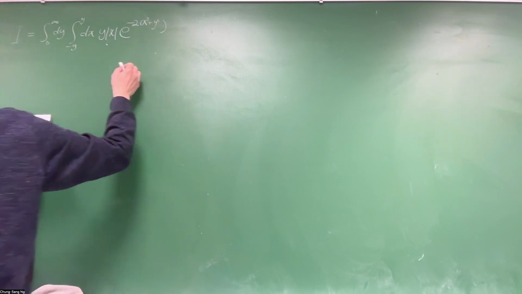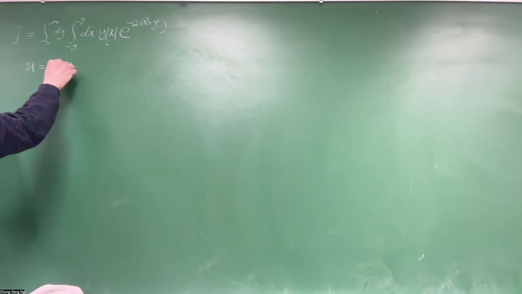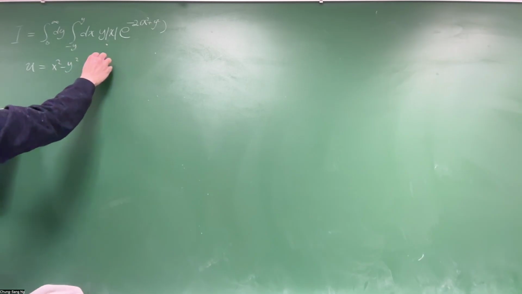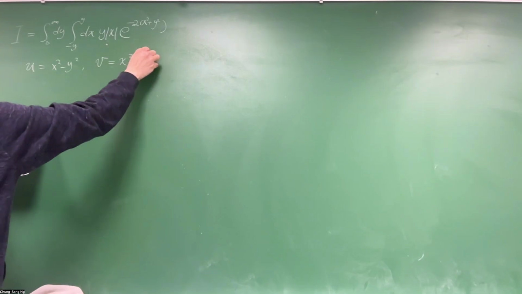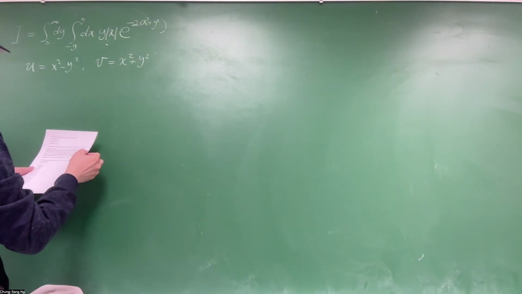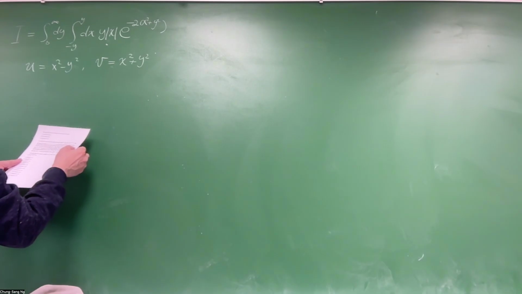And the suggestion is to try u equals x squared minus y squared, v equals x squared plus y squared. Find the Jacobian, sketch the area, and determine the limits.